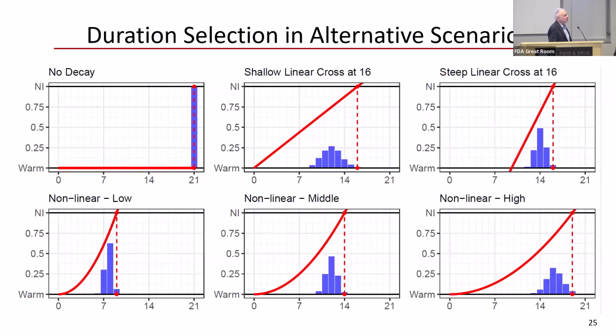The model is specifically structured to avoid what we call overcrossing, meaning identifying a storage duration that is too long and that would therefore put patients at risk for receiving an inferior product from a hemostatic efficacy point of view.